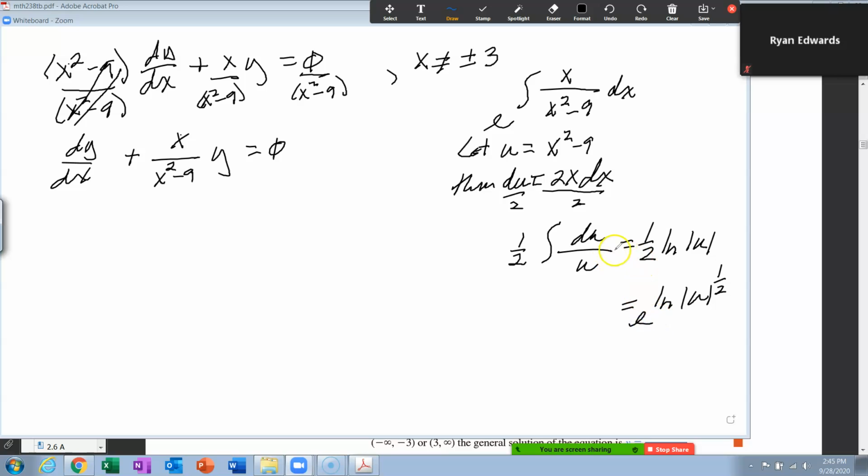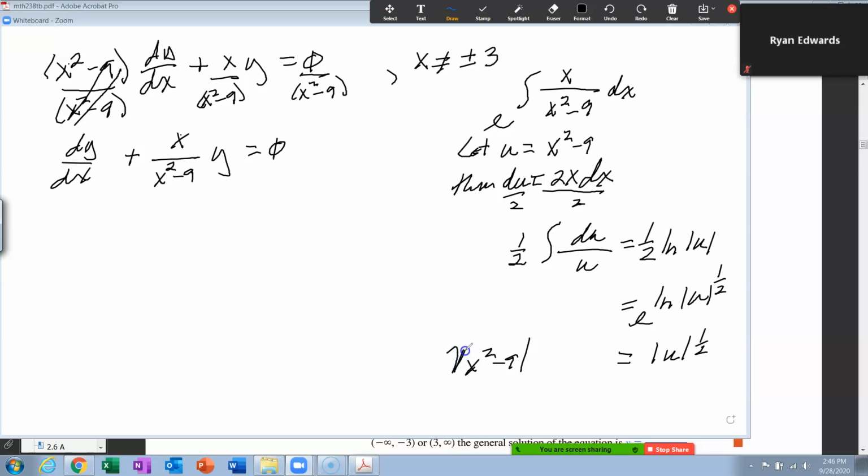The reason I moved the 1/2 up there is that e to the log is just absolute value of u to the 1/2, which when we go back and put in what u is, that's absolute value of x squared minus 9 to the 1/2.